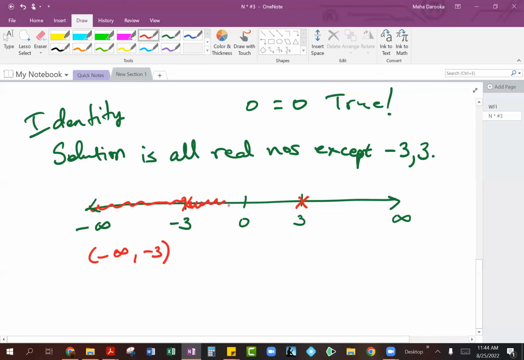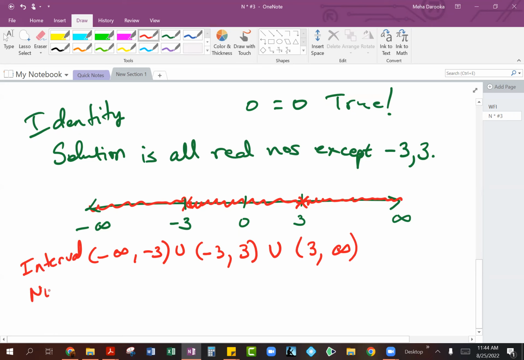Anything between -3 and +3 is going to be fine. And you will see I'm using parentheses on the -3s and the 3s, so that way we know we're not including those numbers. And then your last interval will, of course, go from 3 to +infinity. So this will break up into 3 different intervals when you have 2 numbers that you cannot use. And this is your interval notation.